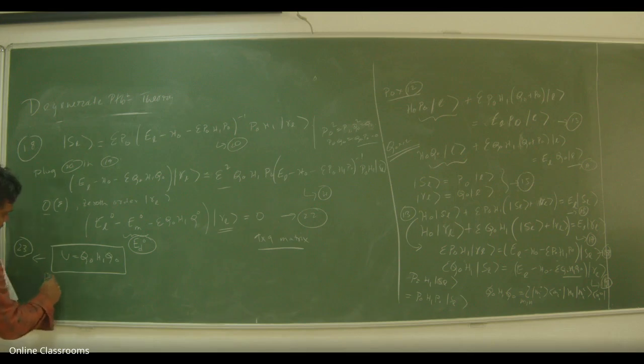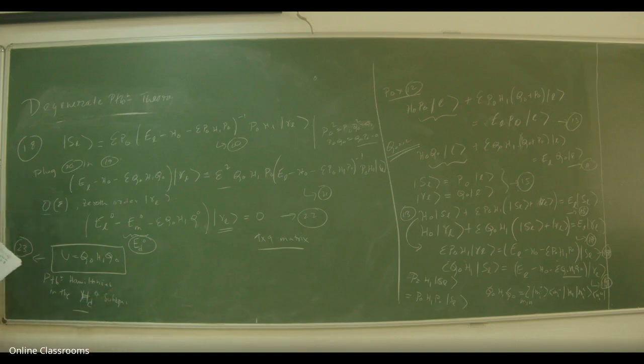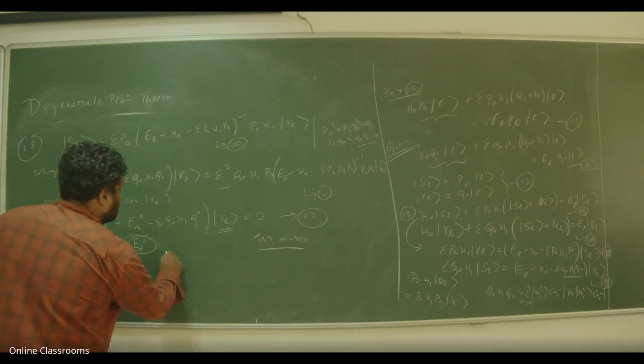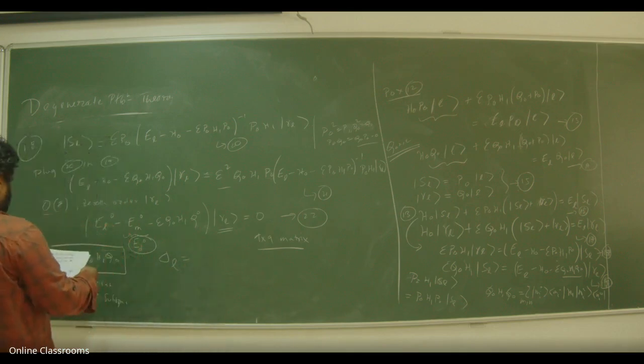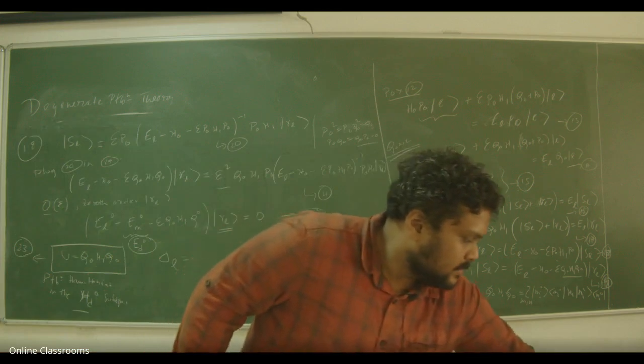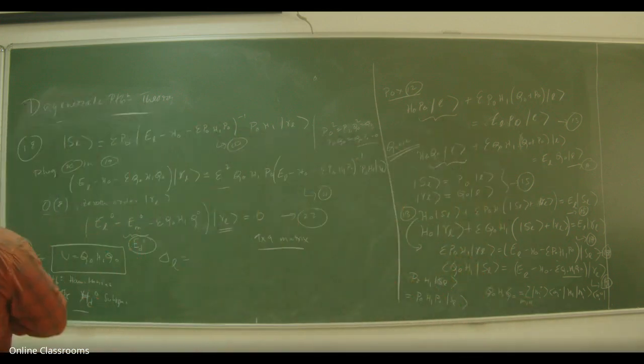So this is your perturbation Hamiltonian in the ED0 subspace. This is the effective Hamiltonian that is acting in that degenerate subspace. And I introduce a delta notation again, and the delta notation is nothing but, okay, I made a notation mix up. Yeah, I don't need this to be 0. This is not 0. Right?